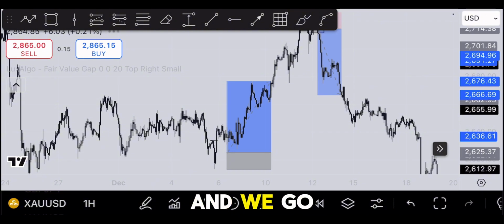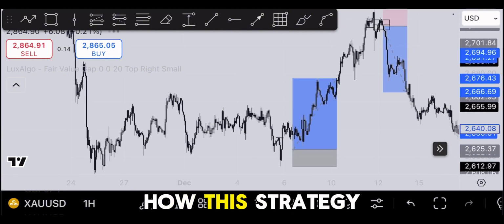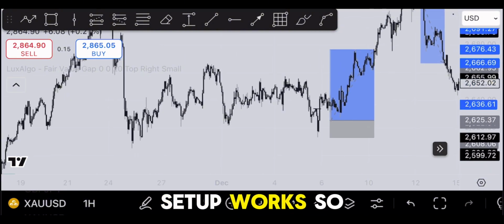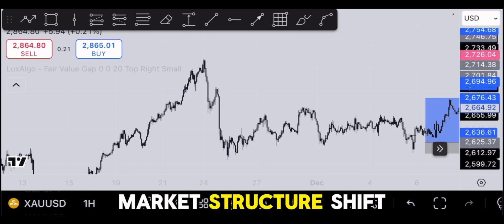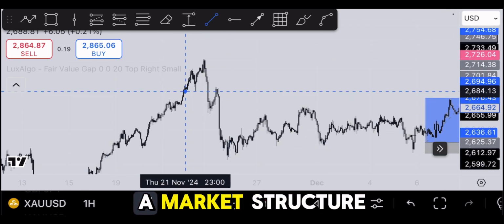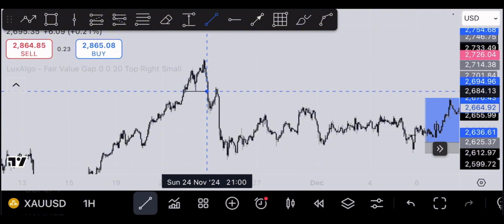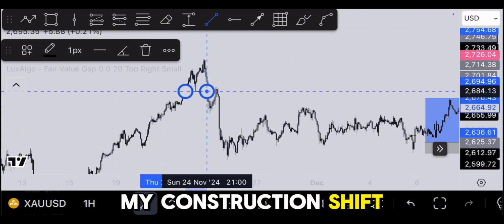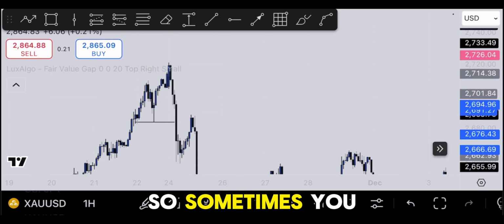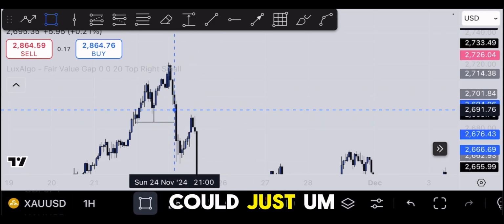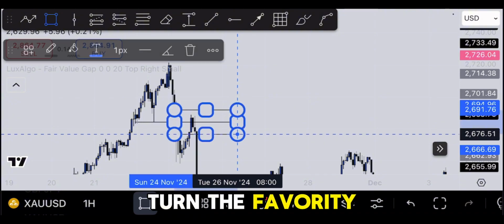And we go on and on about how this strategy works, on how the setup works. So even on the bearish setup, I'll just give you guys another market structure shift. You see we have a market structure shift over here. After having a market structure shift, did the market trace into a fair value gap? Yes, it did. So sometimes you could use the Fib, sometimes you could just see if we trade into the fair value gap.